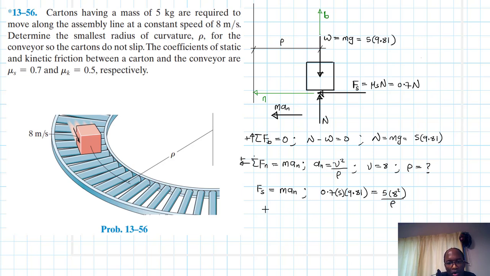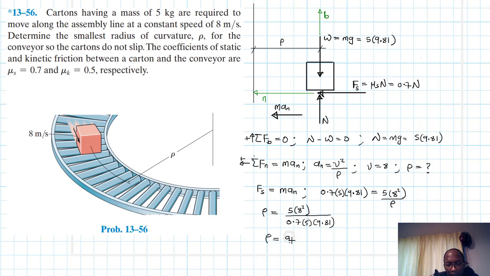Making rho the subject of the formula, rho is equal to 5 times 8 squared divided by 0.7 times 5 times 9.81.